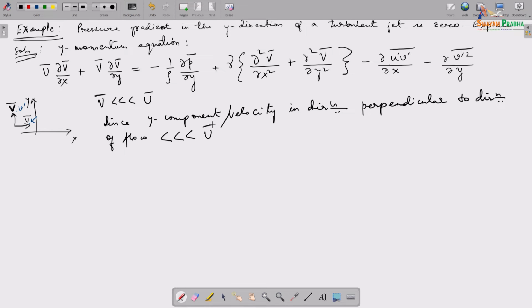So because of that, what can we say? So this means this is 0. Okay. The derivatives in x and y directions, because the velocity component itself is very small, are almost negligible.